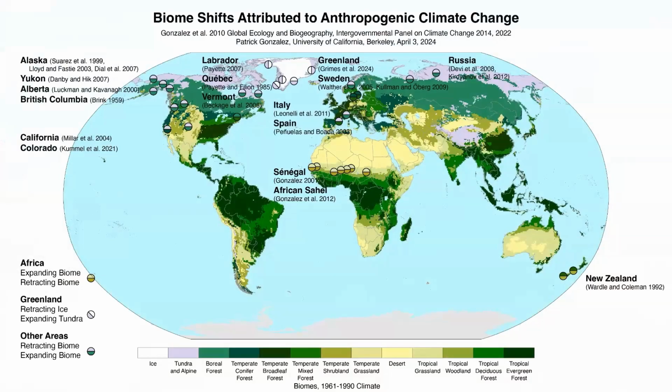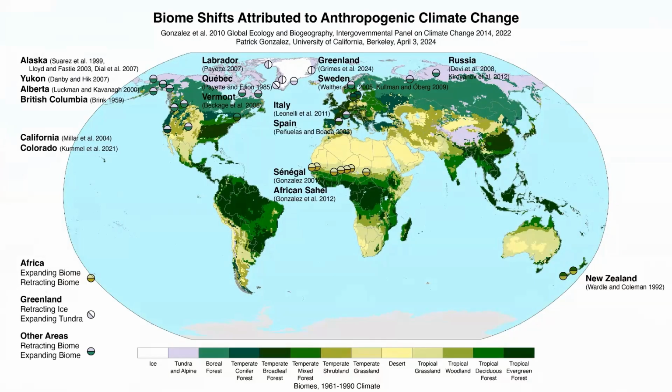So colleagues and I analyzed the risks of this under climate change. But here I've actually compiled the cases. I compiled the cases for IPCC of biome shifts attributed to anthropogenic climate change around the world.